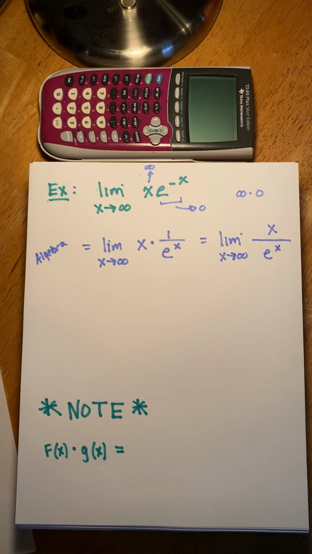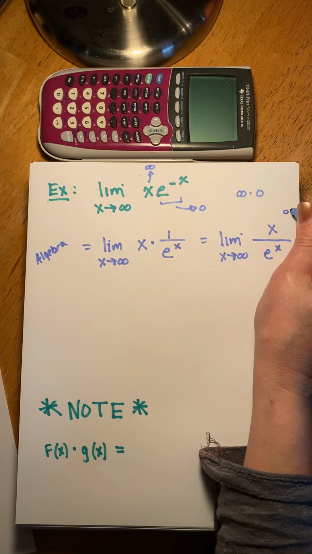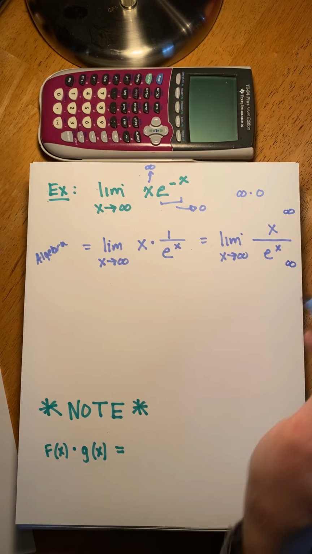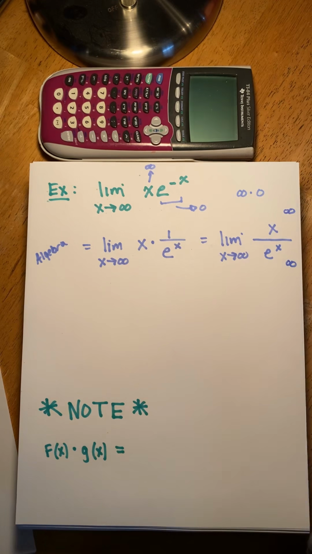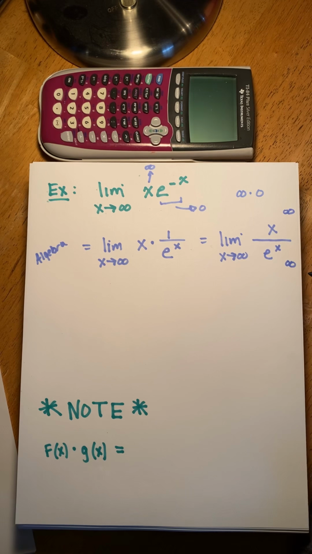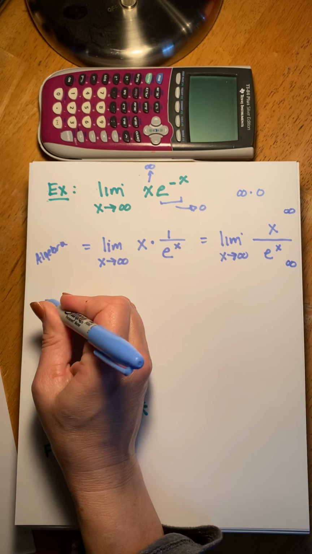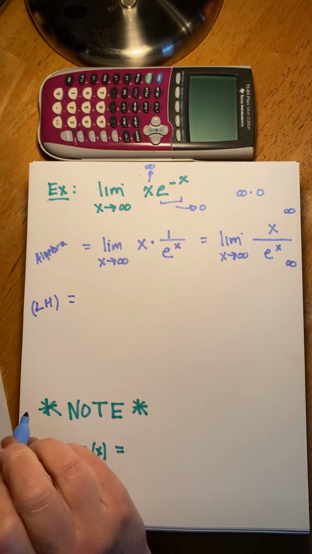So that's still just algebra. Now when I write it this way, I get infinity, and e to the x, as x gets really big, also goes to infinity. So now it's of the form infinity over infinity, and I'm allowed to use L'Hopital's rule. So now I can apply L'Hopital's rule because it's in the proper form.